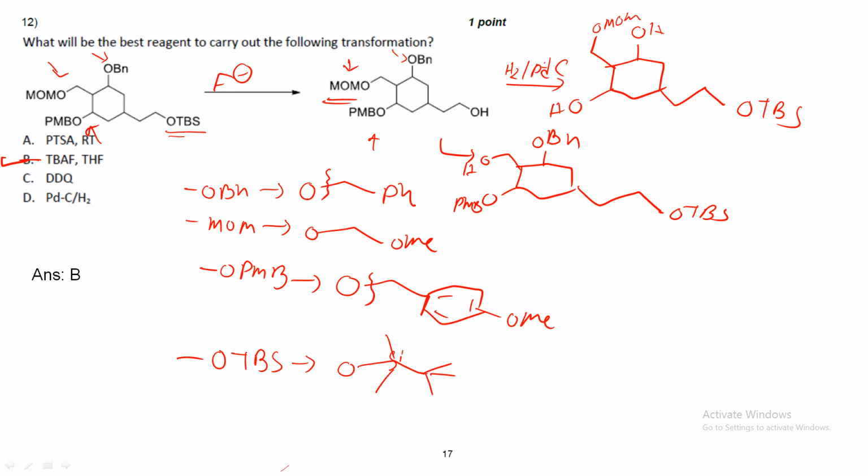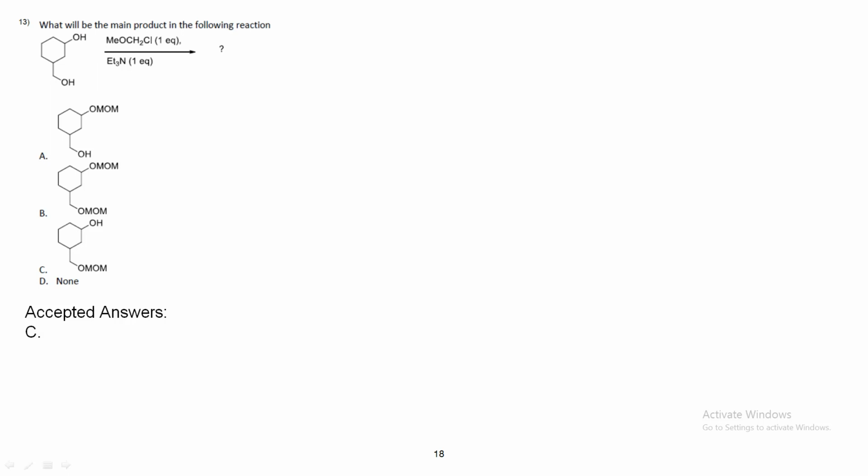I hope you have understood this. So this is the next problem. Again, it's just a MOM protection with triethylamine and two equivalents. Here the question is the selectivity, primary alcohol versus secondary alcohol, and you can just think of the steric interaction.